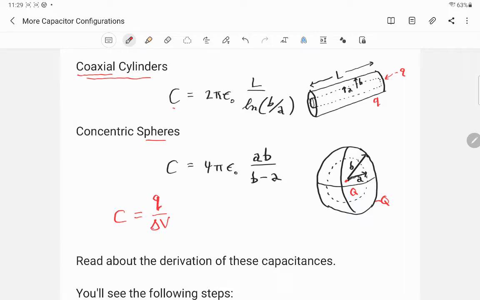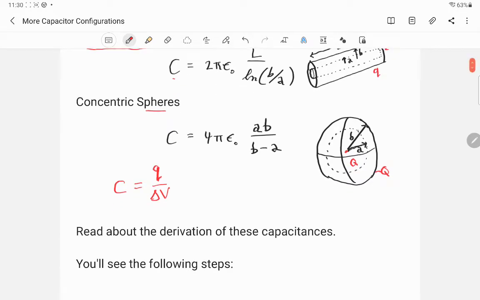And that electric field can be associated with a potential difference between the inner conductor and the outer conductor. And that ratio of the charge separated divided by the potential difference between the conductors is going to have this value in the sphere case.